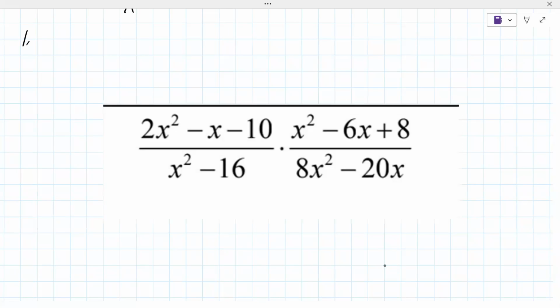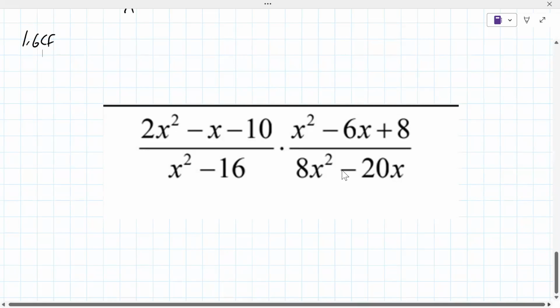As a review on your factoring, you look for GCFs, like this bottom one, lower right, has a GCF. This lower left one is a difference of squares, and the top right is a equals 1, two numbers that multiply to 8 and add to -6. The top left is kind of a guess and check.